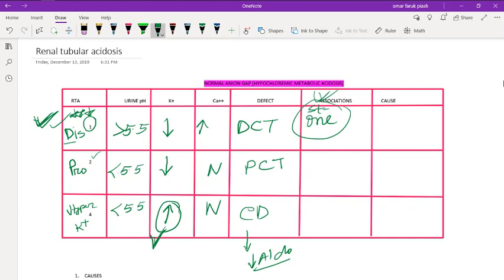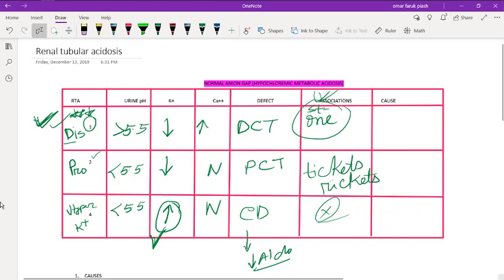In type 2, for rickets, there is increased risk of having rickets in Fanconi's anemia. In type 4, there is no significant association. So in type 2 there is rickets, and in type 1 there is increased risk of developing calcium phosphate kidney stone, as there is increased urine pH and increased bone turnover.